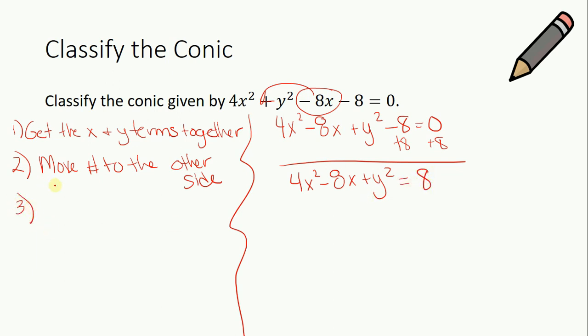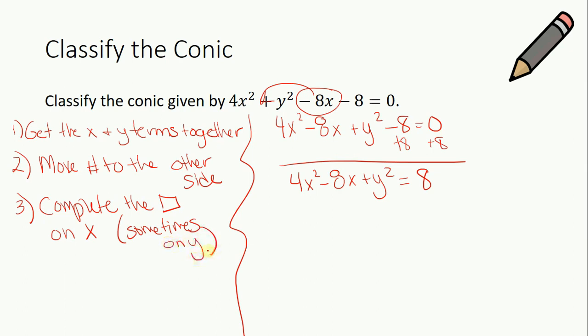Now, you're going to have to complete the square on x. Sometimes on y too, depending on what kind of conic you're working on, and depending if there's a y term. In this case, it didn't have a y term, so I don't have to complete the square on the y squared as well. All I have to do is complete the square on the x's.